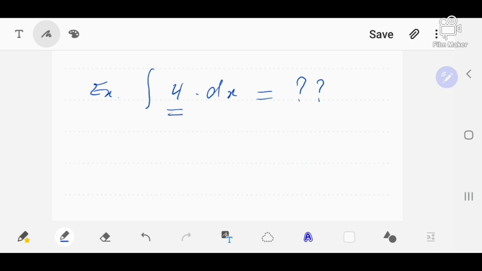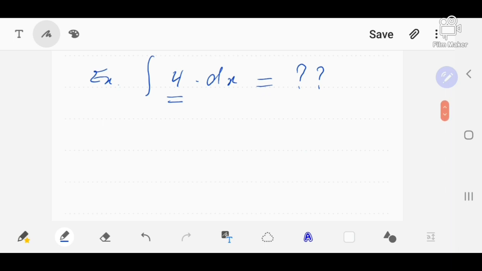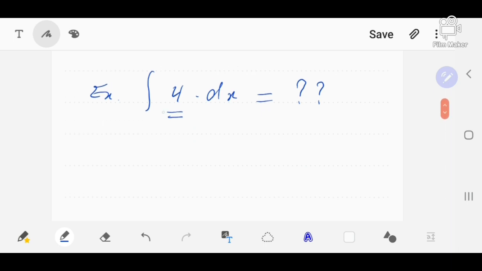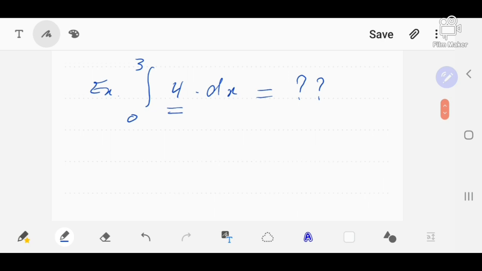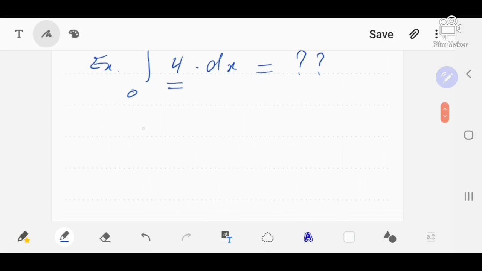We all know that it's the constant times x. Now, what's the difference if I have it from 0 to 3, for example? What would that do? How would it affect? What does it mean? Let's evaluate it algebraically first, according to the first or the second rule that we said.